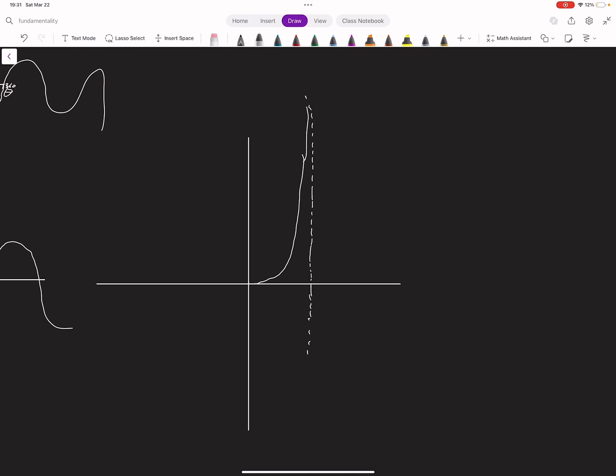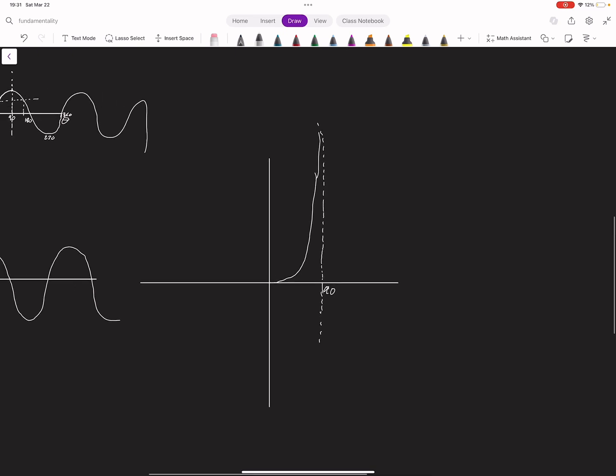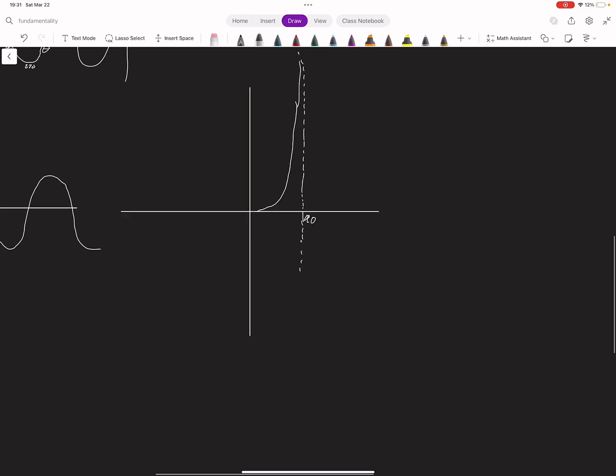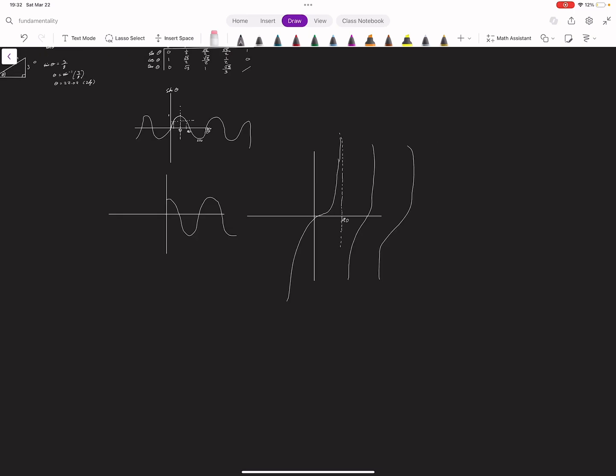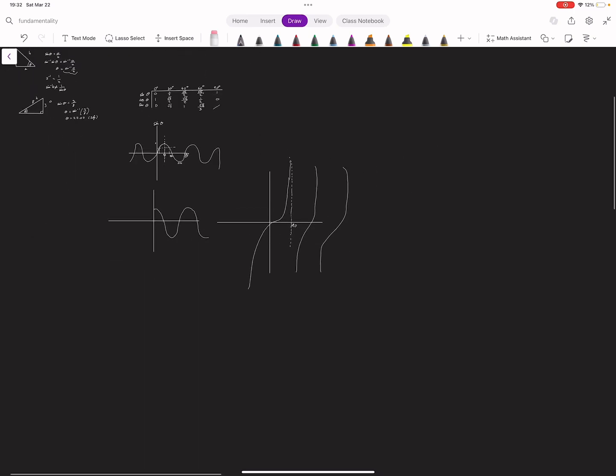Because when tangent equals 90, it will approach infinity, but it will never get there. It isn't defined at 90. There is no value for it there because of the dividing by 0. But then it's the same as the other graphs, and it just repeats and backwards. Ignore that last one. So yeah, that is how this trigonometry works.